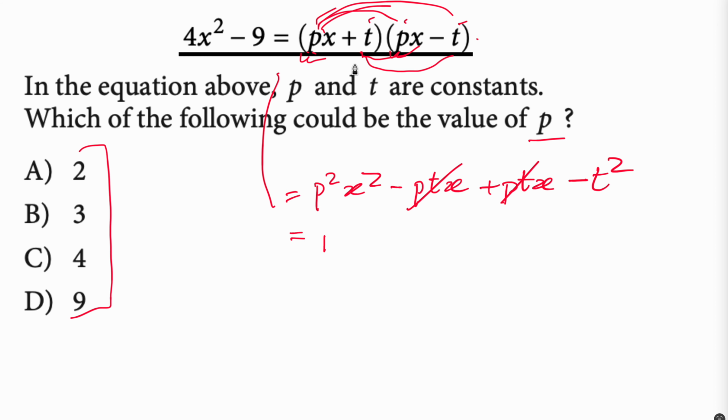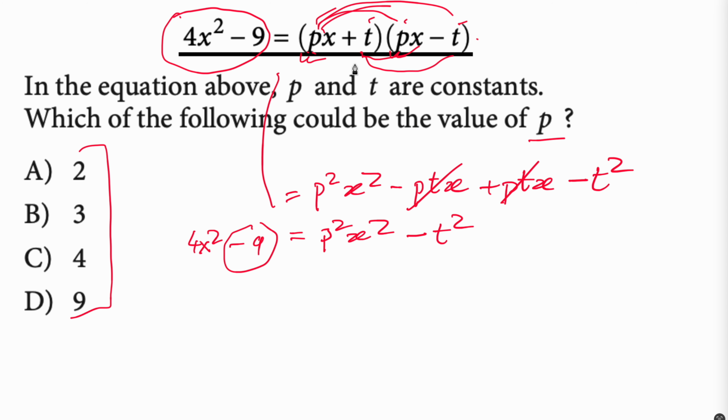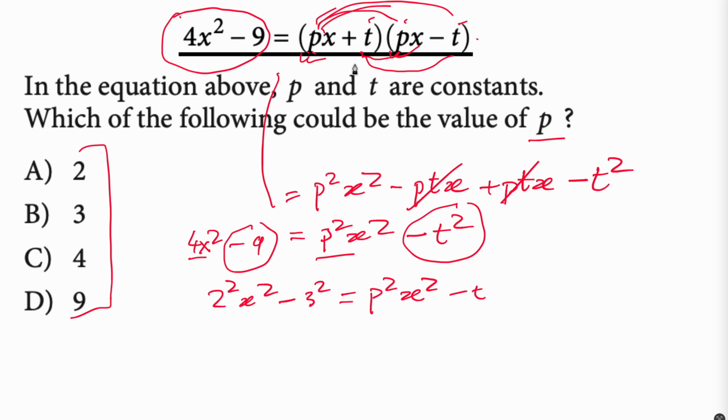So what you have is p squared x squared minus t squared, and you bring what you have on the left side down: 4x squared minus 9. These are the constants, so that should equal that. You can rewrite 4x squared minus 9 as 2 squared times x squared minus 3 squared, which equals p squared x squared minus t squared. So that's how you do this.